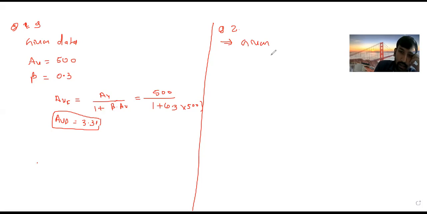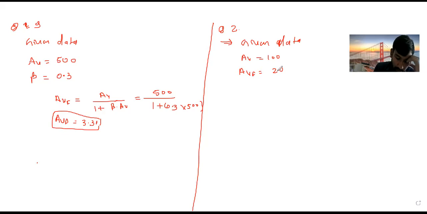The voltage gain with negative feedback is 20. Determine the beta in percent.